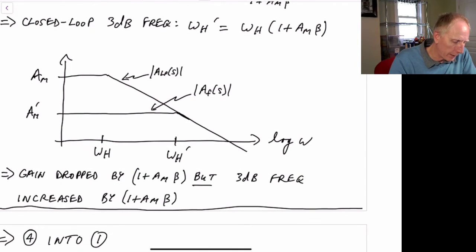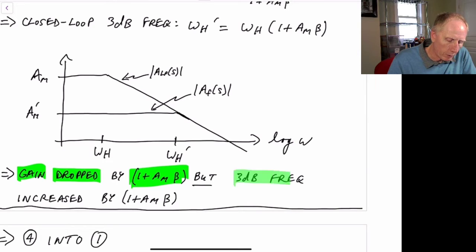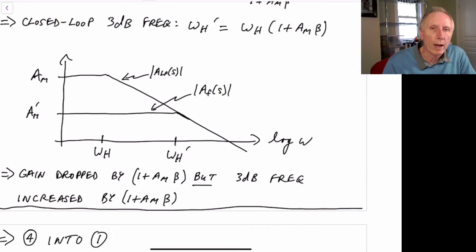So as I mentioned, the gain is dropped by this factor, but the 3 dB frequency has been increased by that same factor. And that's why we consider this to have a bandwidth enhancement. We've improved the high frequency performance by putting this into a feedback loop.